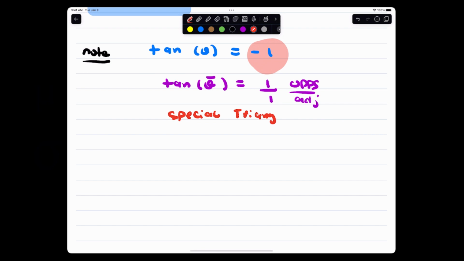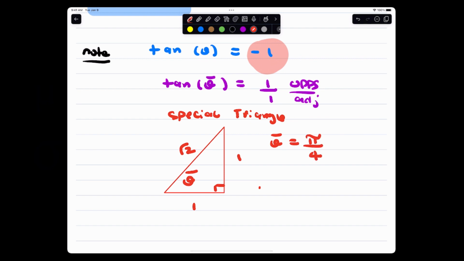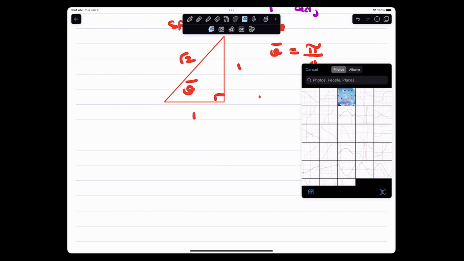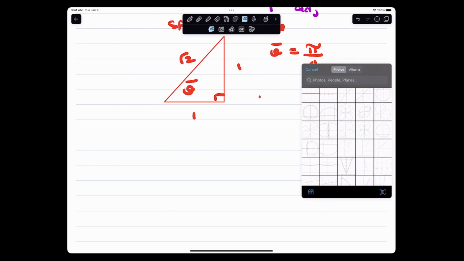So I'm sharing with you guys what you did in the past. The reference angle opposite over adjacent is what? Which triangle is that? That's a 45, 45, 90 degree special triangle. So the reference angle is pi over 4, just like we said it would be. But tangent is what? Negative. So I'm sharing with you guys everything we already did.